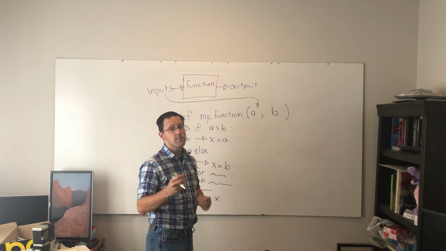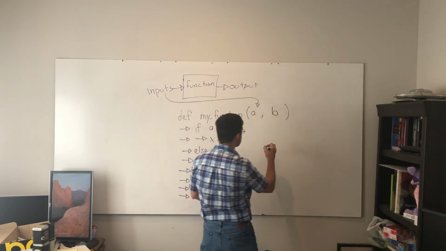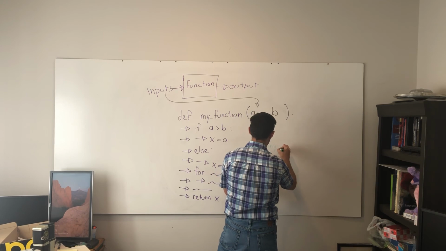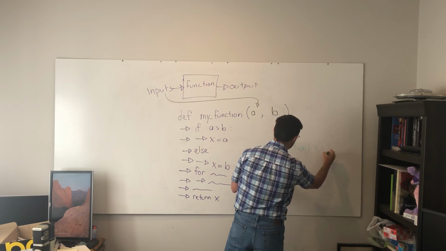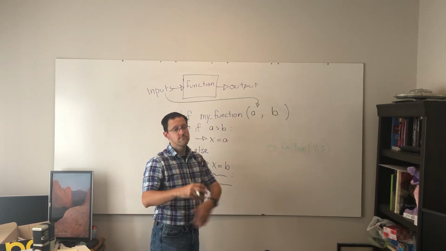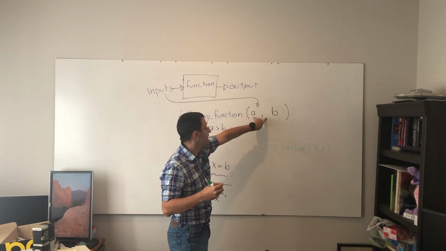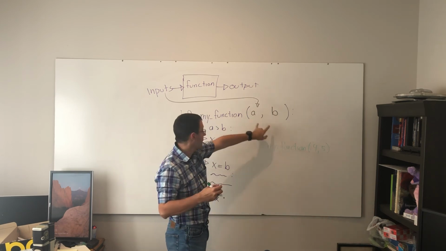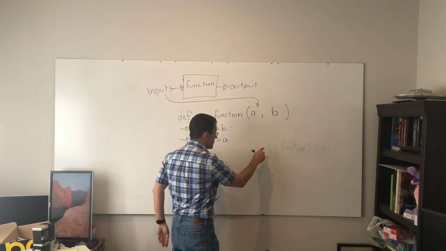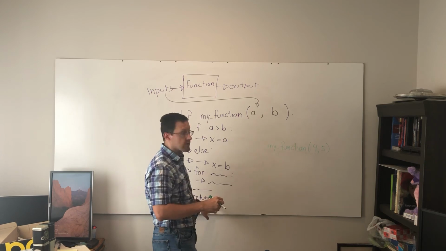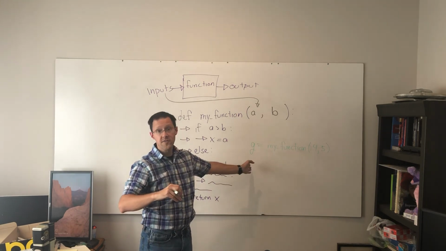To actually run my function, to actually do something with this, I actually have to call my function with 4, 5, giving it the same number of parameters as it's expecting. So now A is equal to 4, B is equal to 5. Typically, especially with the return value, I would set that to something.